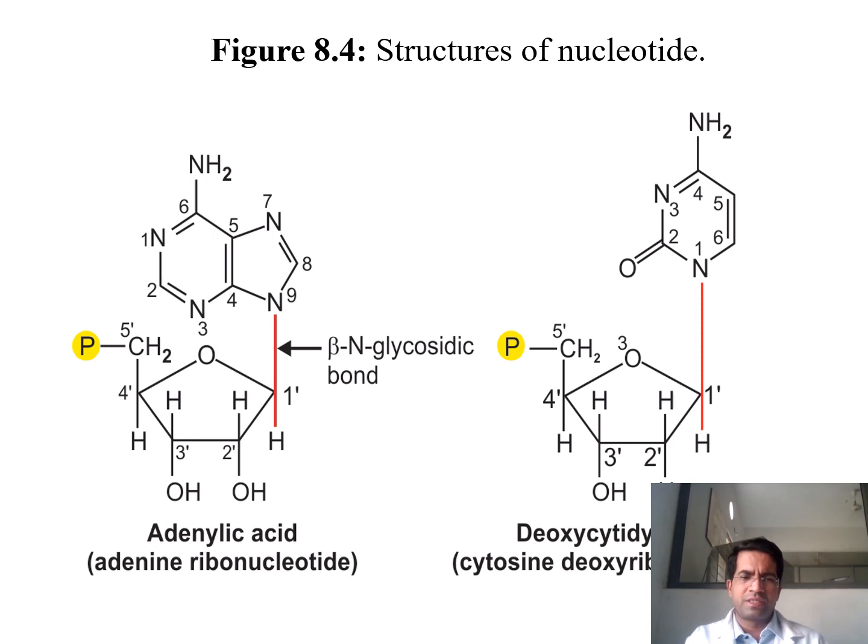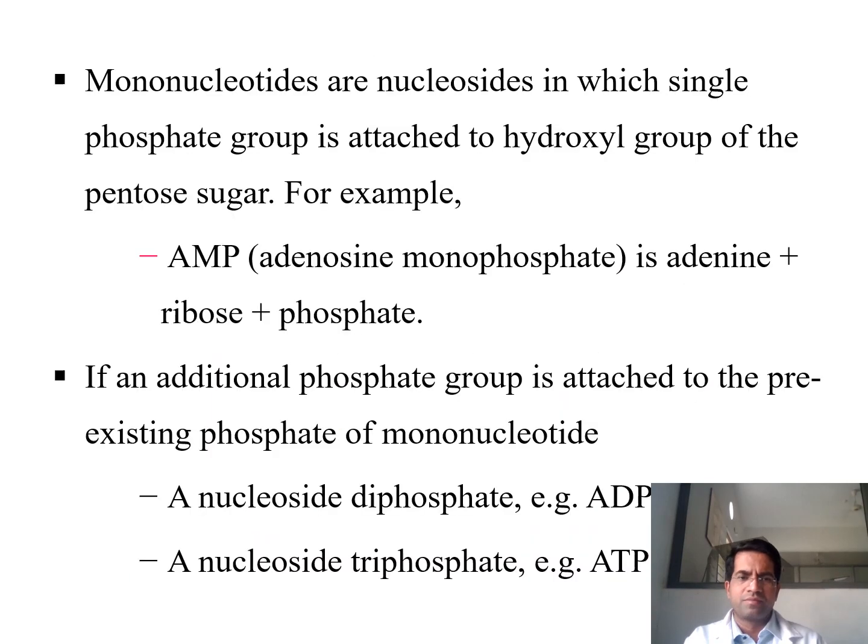Already we have seen this. The nucleotide contains a nitrogenous base, which can be a purine or a pyrimidine, attached to a pentose sugar. The sugar can be ribose or deoxyribose. And to this, if one more phosphate group is attached, that forms a nucleotide.